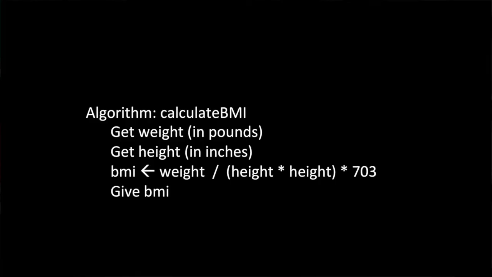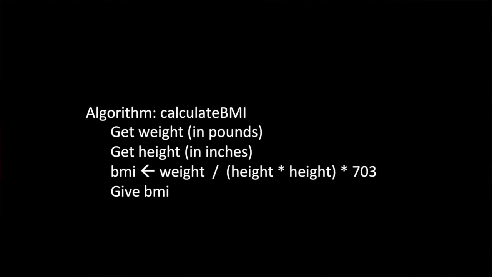So when we look at our algorithm calculate BMI, we can see the syntax involves expressions like get, and then the name of the thing we're going to get, and maybe the units. It's got a way of assigning the result of a calculation to some named variable, and ways of accessing the variable.